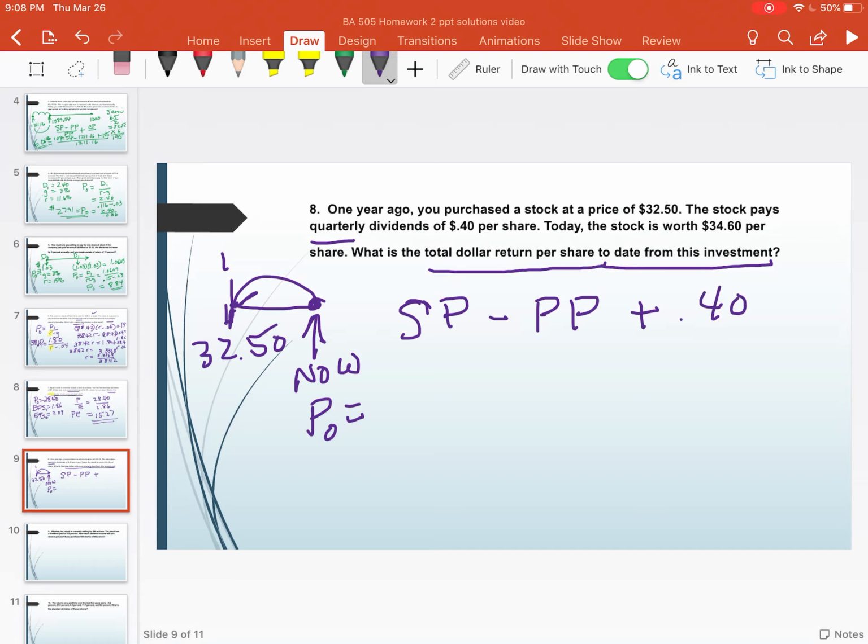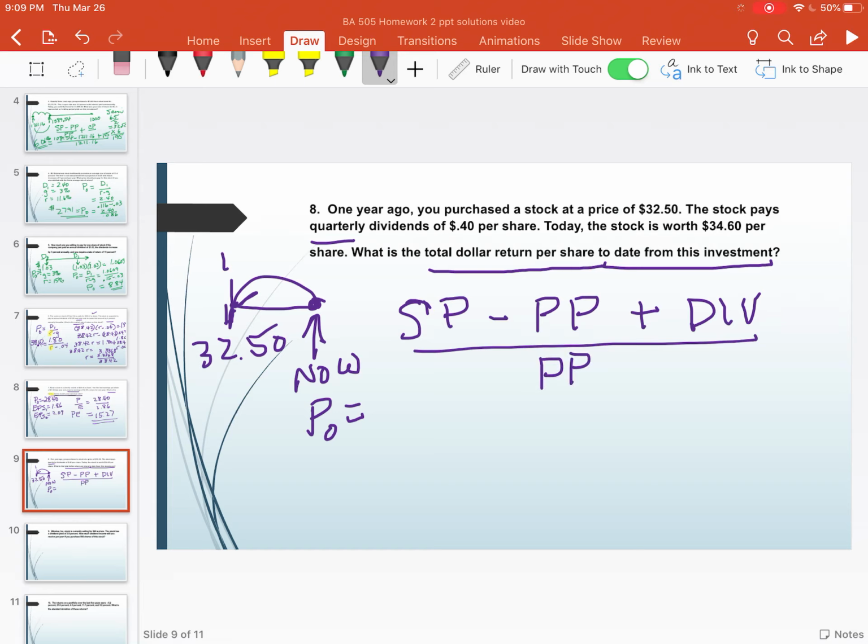We have 4 quarters, so times 4. So we have the selling price minus the purchase price plus the dividends, all divided by the actual purchase price.